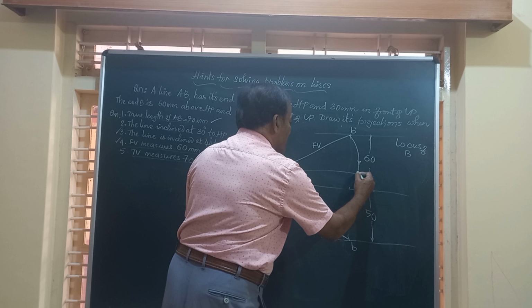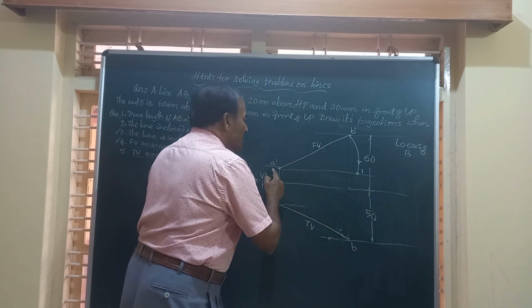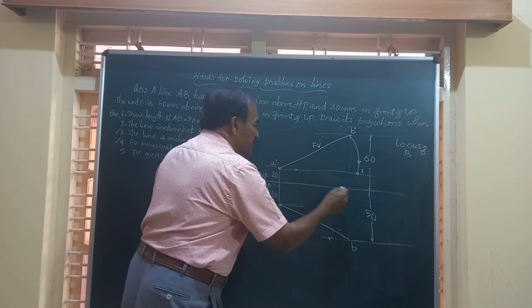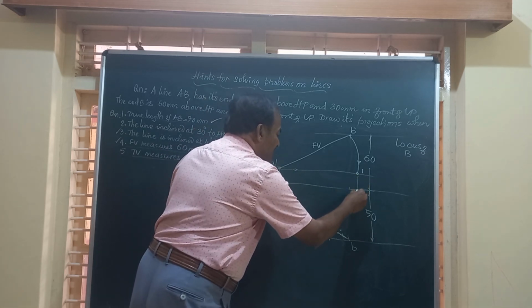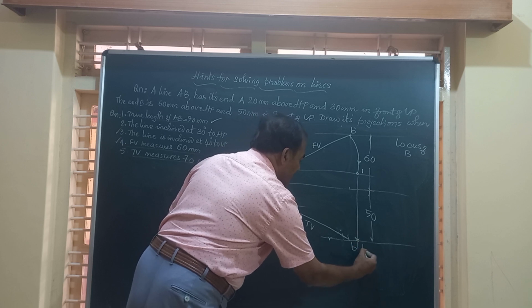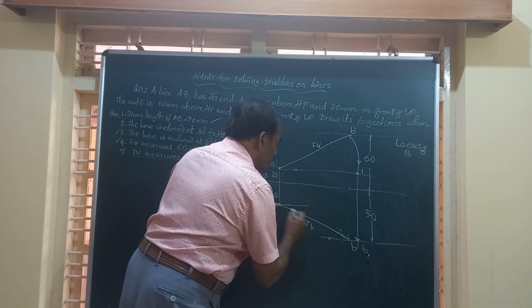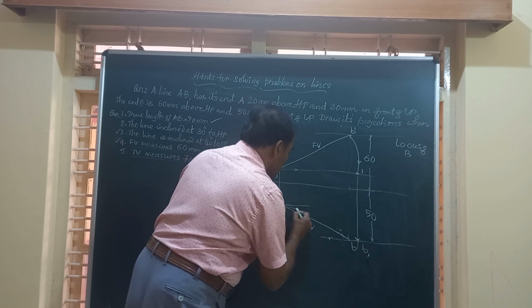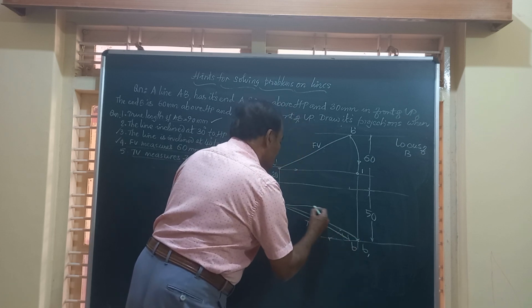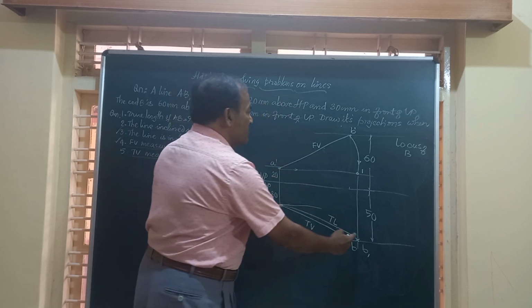This point we'll call 1. After getting this point 1 on the line through A dash, you draw a vertical line downwards. This point will give you B1. If you join A and B1, you get the true length of the line. So this is the true length.